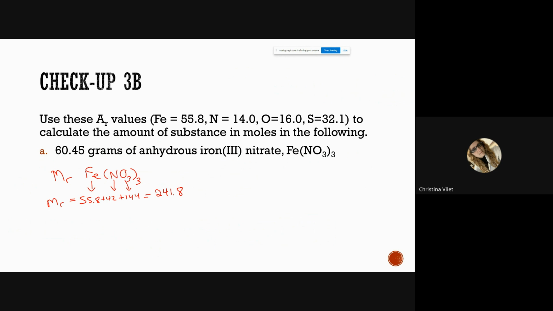Are we gonna use just the formula this time? So the formula is moles equals grams over MR, molar mass. So how many grams do we have? 60.2. And our molar mass is 241.8. And that gives us? It's actually 1/4.